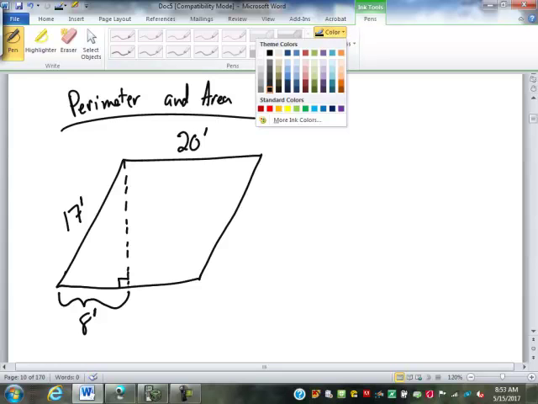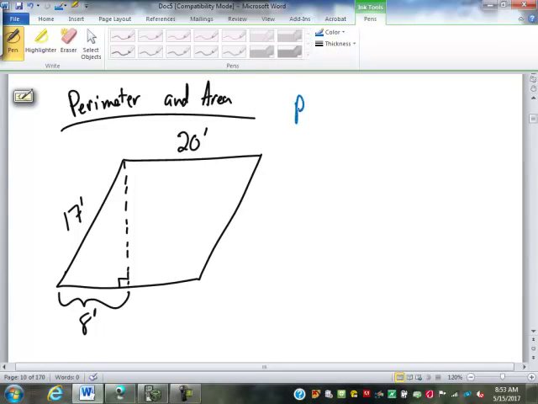If I were trying to find the perimeter of something like this, what do I have to do? I would just add up the sides.